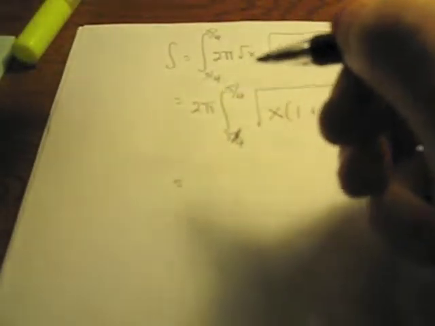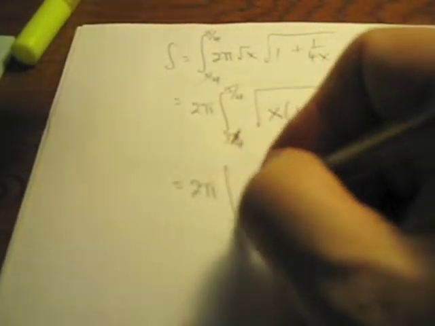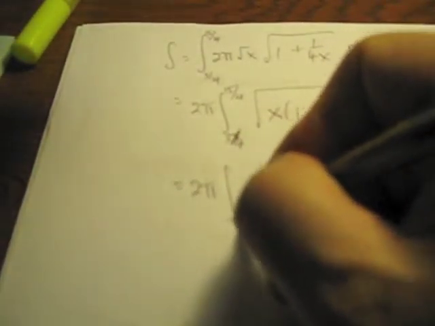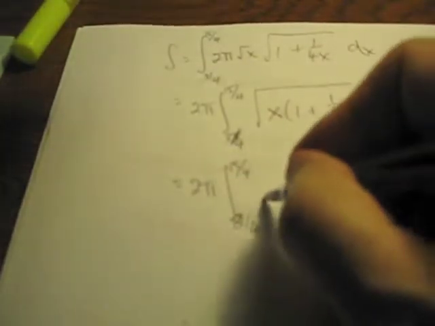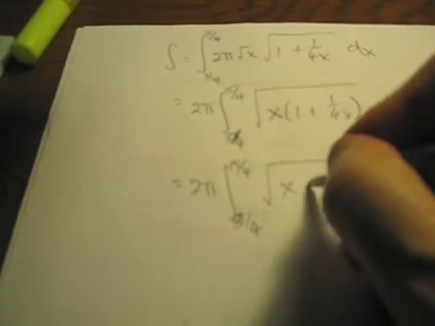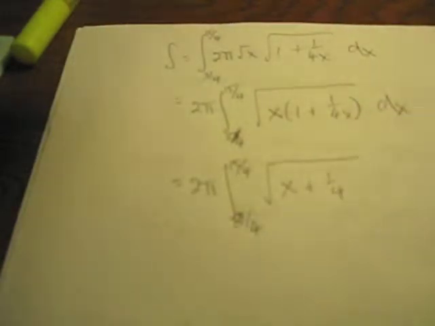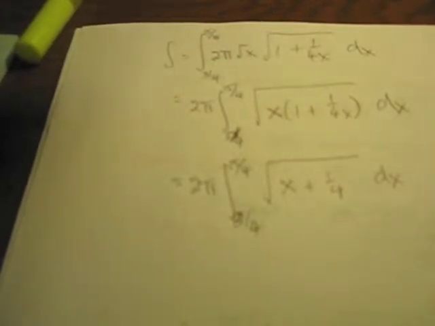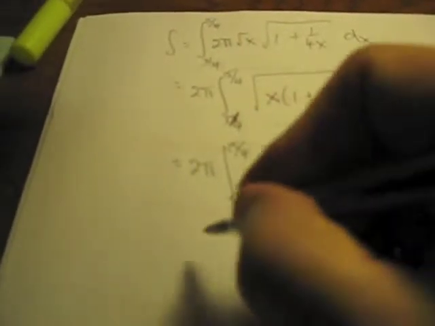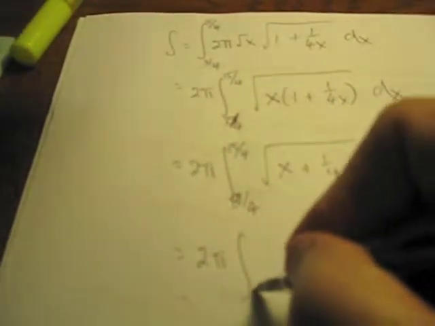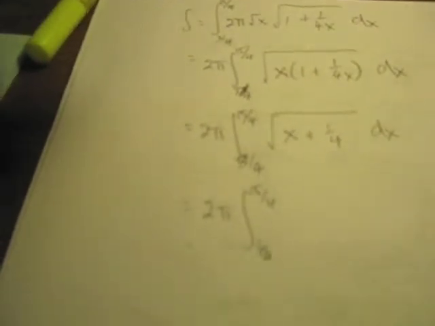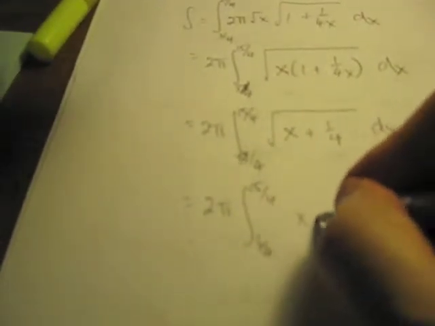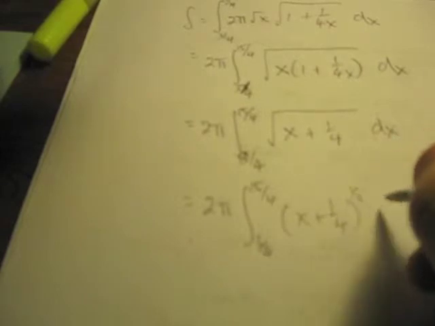So this will become 2 pi integral of 3/4, 15/4. And what are we going to have here if I do this? This will be x plus 1/4 dx. Okay. Alright, so this will be in fact 2 pi integral of 3/4 to 15/4 by x plus 1/4 to the half dx.